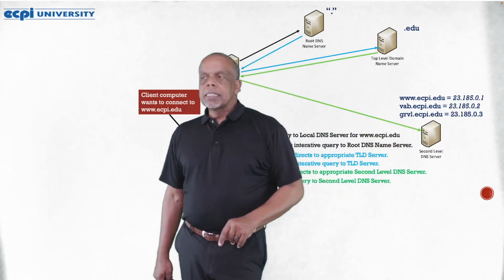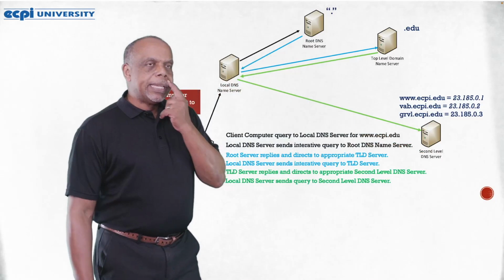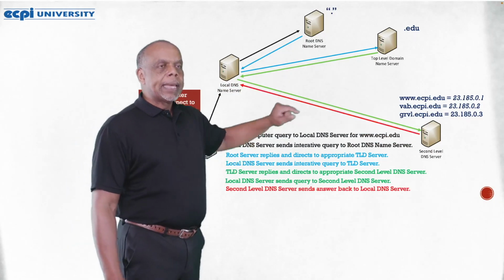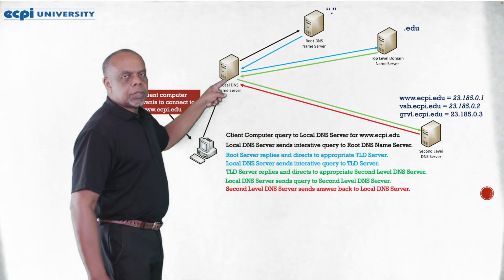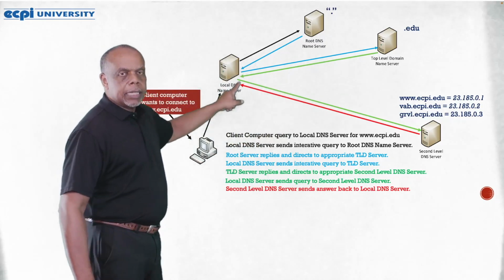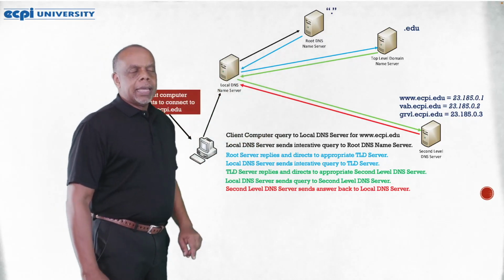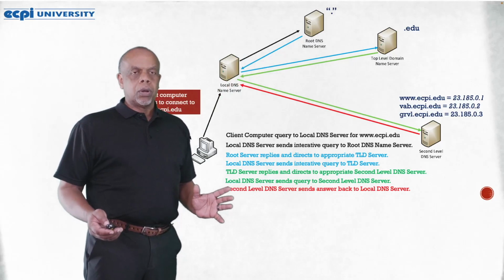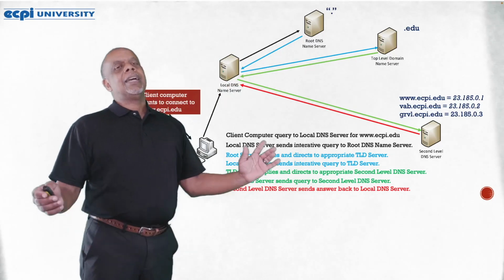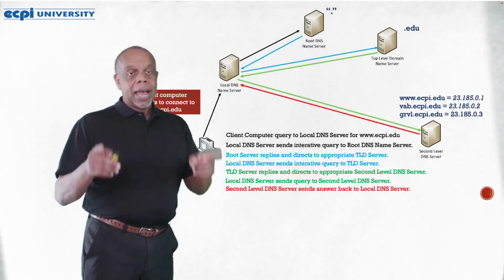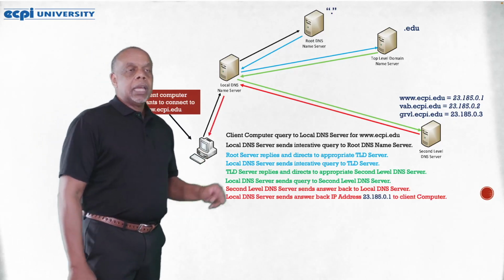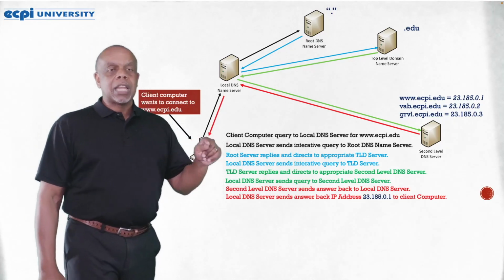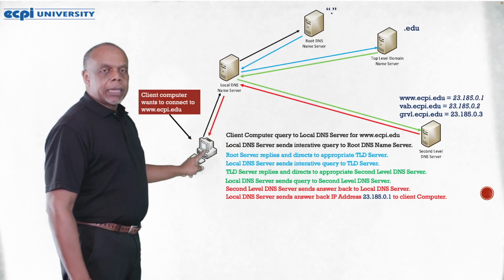So now that second level domain name server sends that back to your internet service provider's DNS server. And that DNS server looks like a hero to my computer because it says, don't worry about you, I got you. So it sends the IP address 23.185.0.1 to my computer.